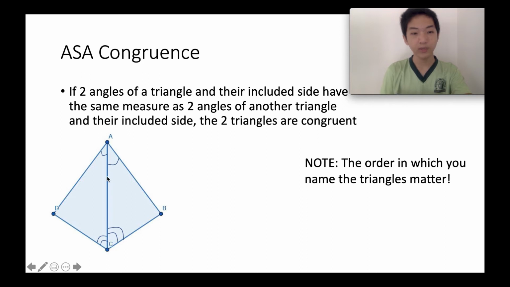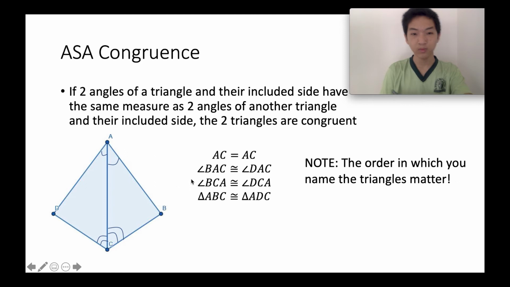And once again, we obviously know that AC is equal to AC. So we write down AC is equal to AC, BAC is congruent to DAC, BCA is congruent to DCA. And because this satisfies ASA, triangle ABC is congruent to ADC.